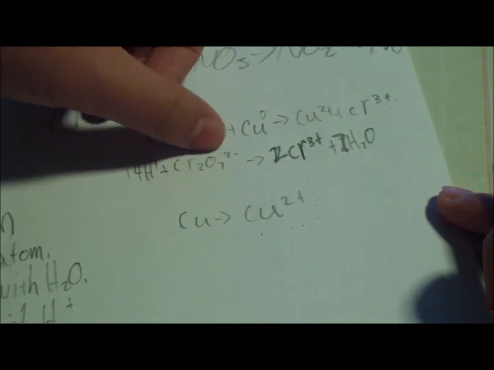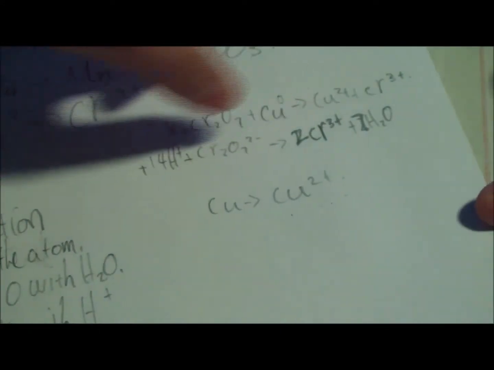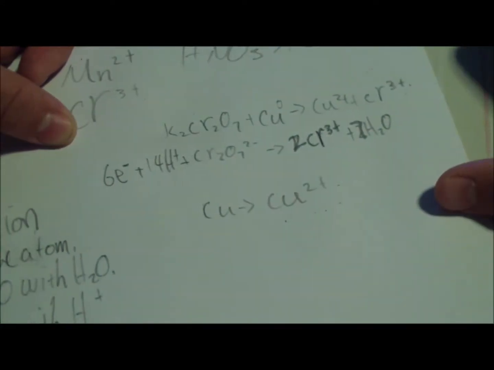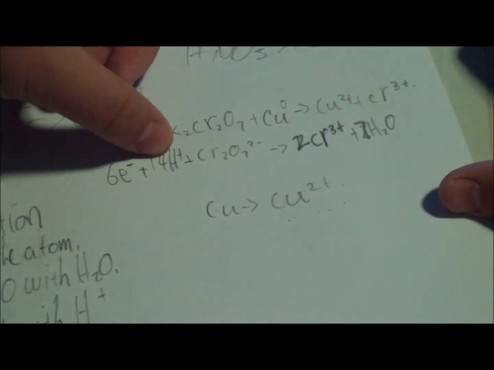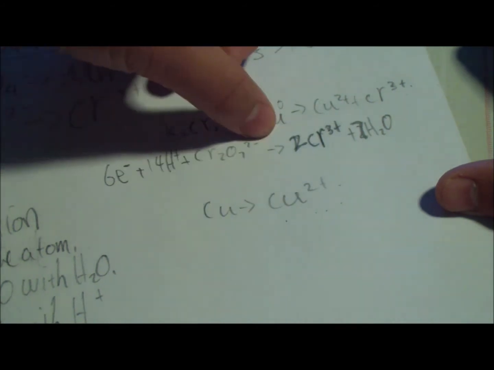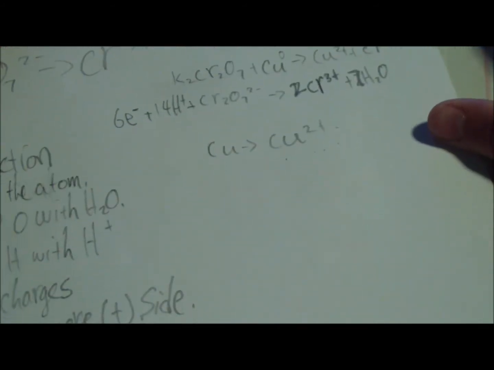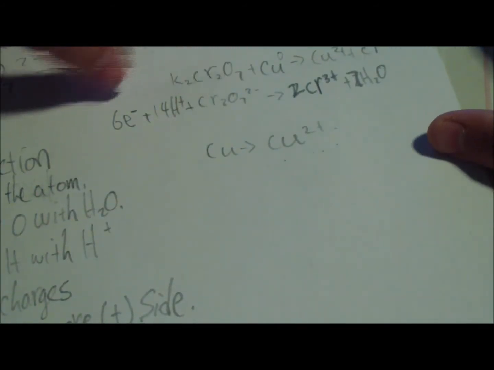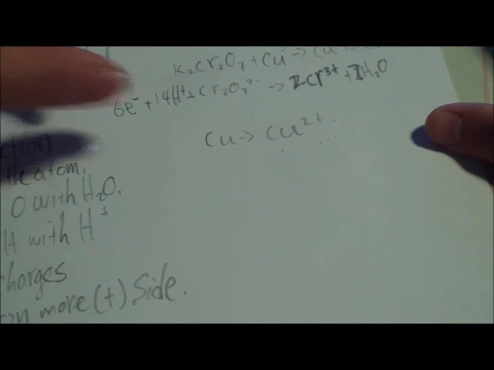This side is way more positive, so I add 6 electrons to make it equal. Now they're balanced.